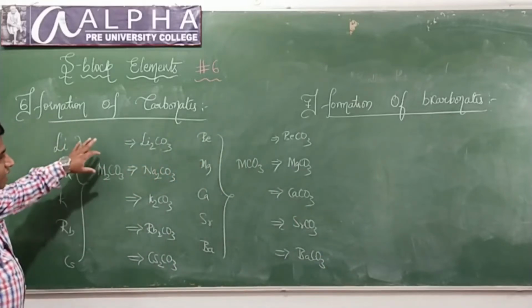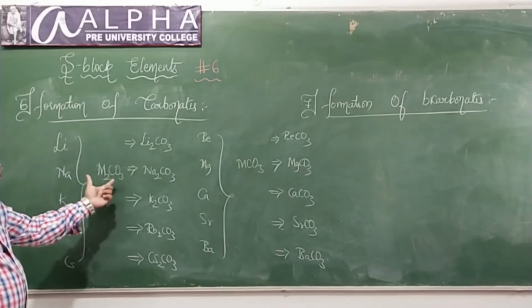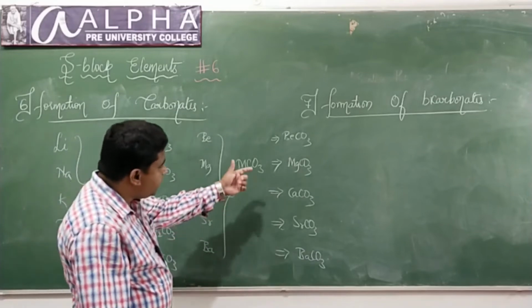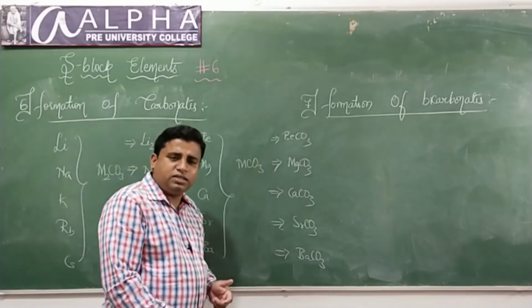So all alkali metals will form carbonates of the type M2CO3. All alkaline earth metals will form carbonates of the type MCO3.